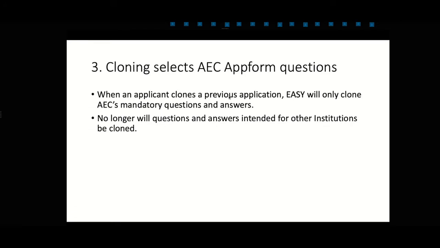There's no way of getting around it. So if I go to clone an additional application, then those 15 questions will carry over to the new app form. And then the applicant will just continue and fill in all the additional questions required by that institution.